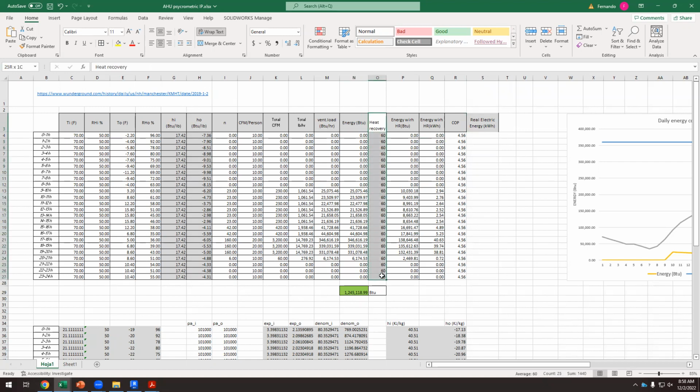When we have heat recovery, we recover part of this energy. Then if we want the electricity, we have to divide by the COP. Yes, so the real electricity is the energy with heat recovery in kilowatt hours divided by the COP. And this is it. And I'm going to use the same format.